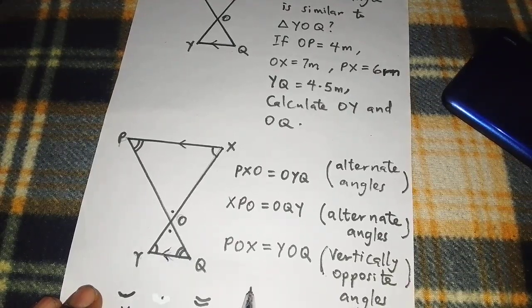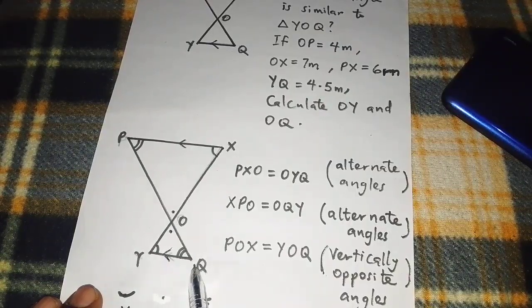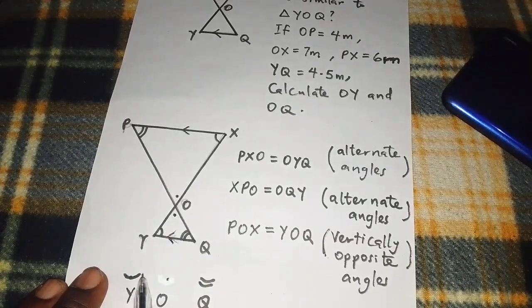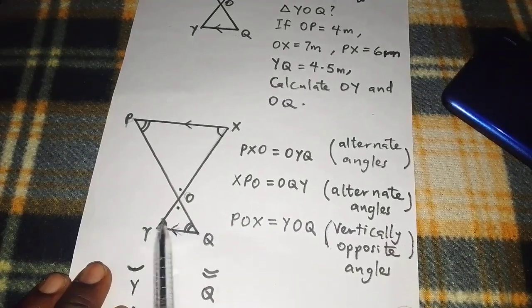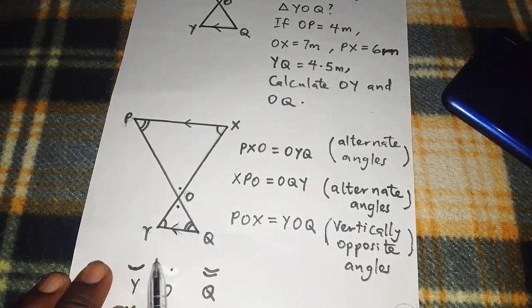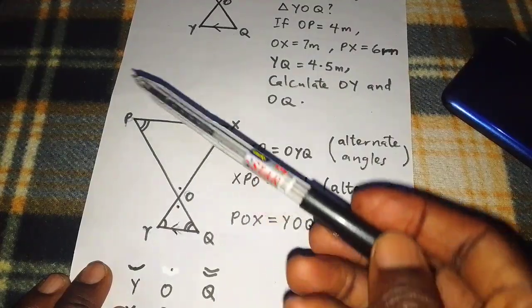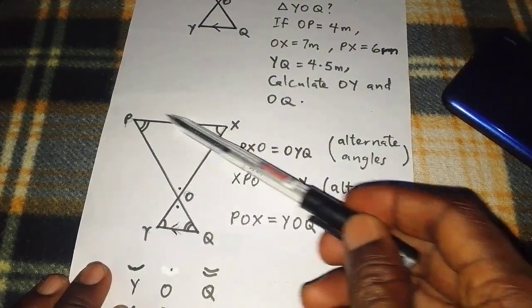Now the question said that we should look for the triangle that is similar to YOQ. So you will use a single curve to represent Y, a dot to represent O, and two curves to represent Q. So let's arrange it like that: curve, dot, and two curves. So Y is one curve, this dot is O, and for the two curves we have Q. So you are going to arrange this other triangle up here also that way.